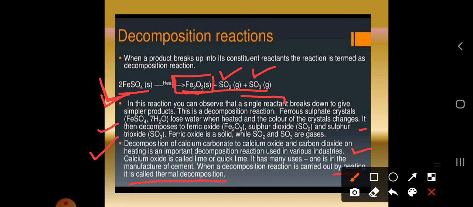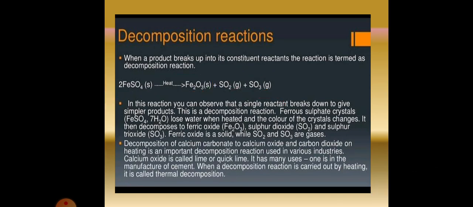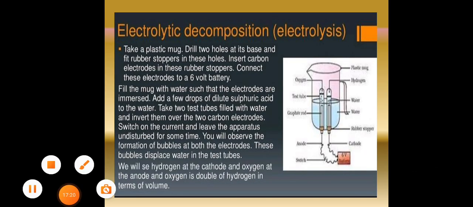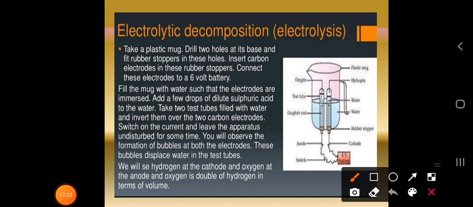The above example is also a thermal decomposition reaction. Just keep in mind, when the decomposition reaction is carried out by heating, it is called thermal decomposition. Now, electrolytic decomposition is the reaction with the help of electricity.